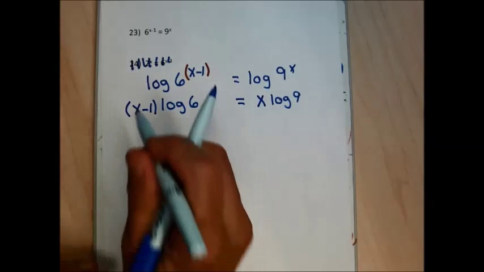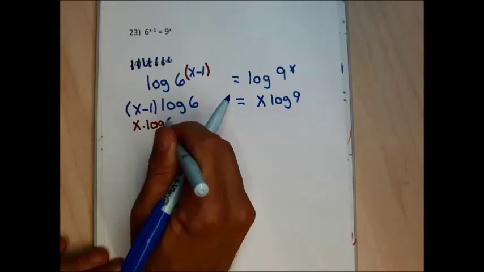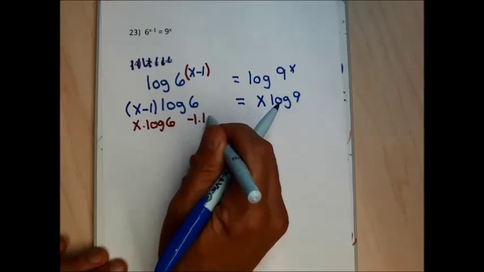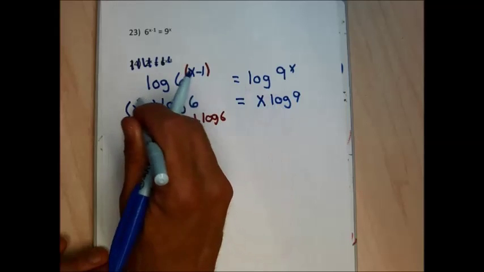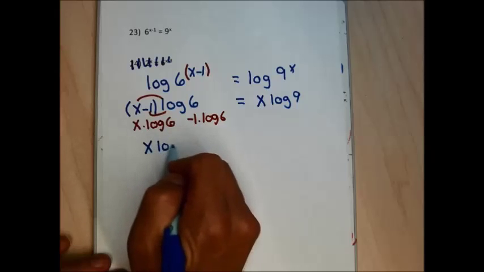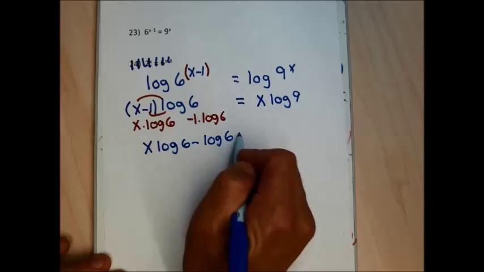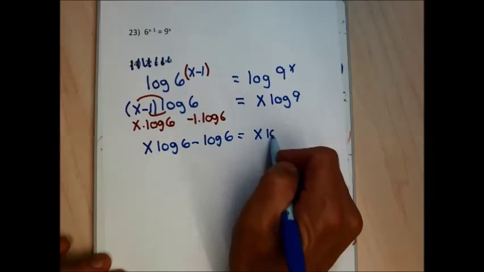I'm going to do the multiplication on the left-hand side by multiplying x times log of 6 and minus 1 times log of 6 to clear that parentheses. That's going to give me x log 6 minus log 6 equals x log 9.